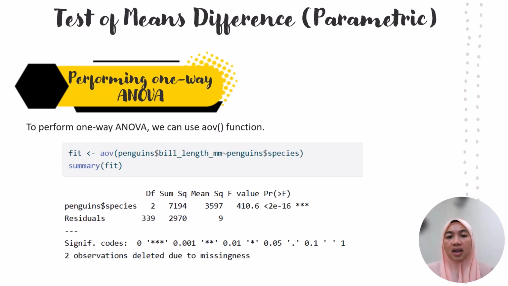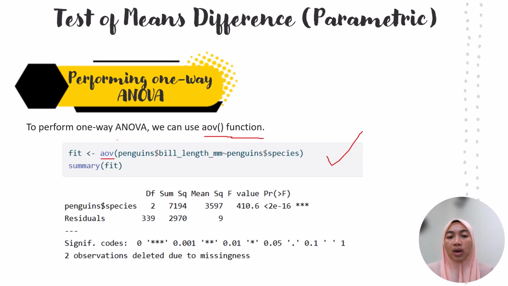After all the assumptions are met, we can perform the one-way ANOVA. How do we perform our analysis of variance, ANOVA? Here is the syntax using the aov function. This is the syntax for conducting the one-way ANOVA, fit aov.